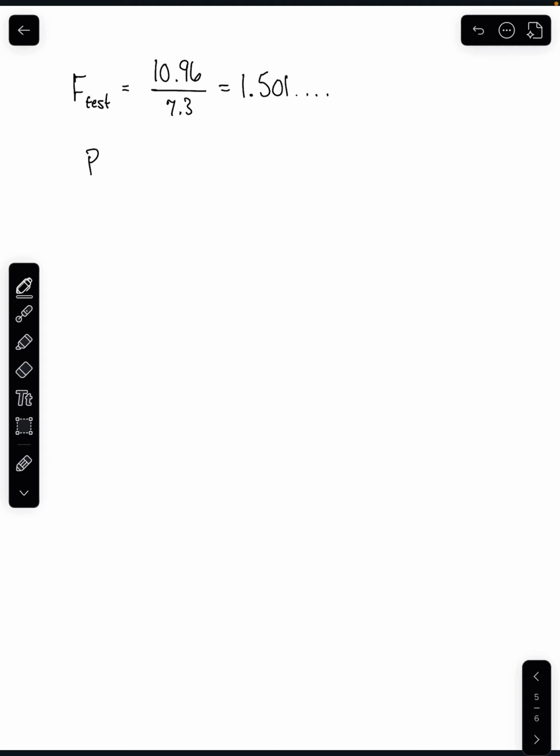So the probability of having an f-value here that is greater than 1.501 is actually quite large. 0.2690, etc. So our p-value will be 2 times that.